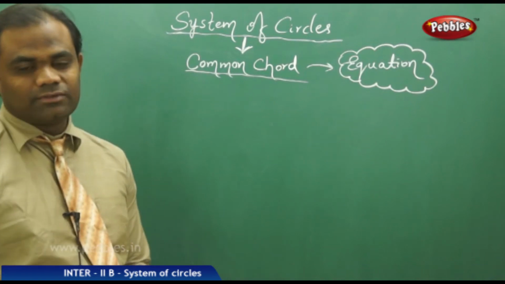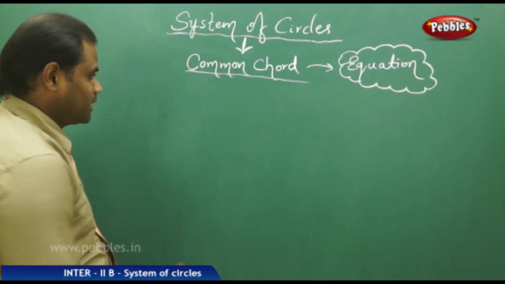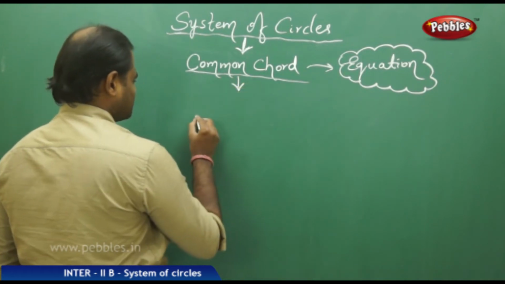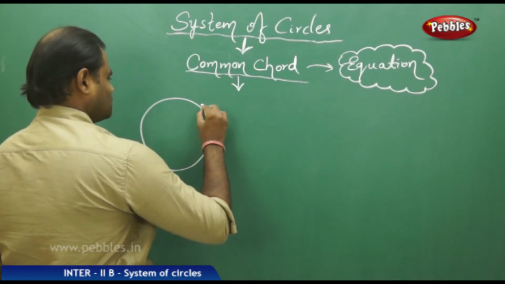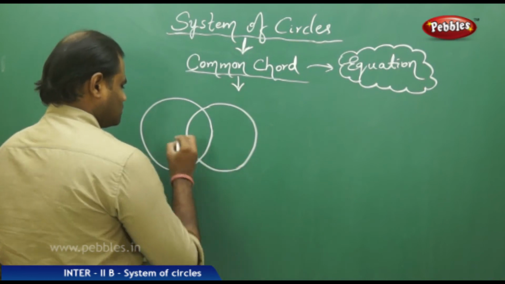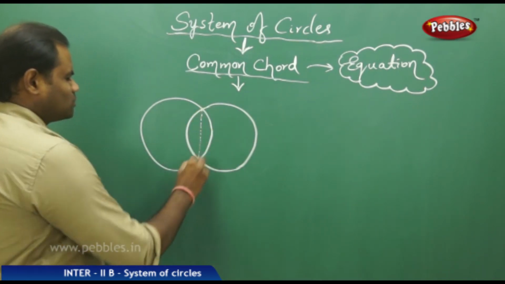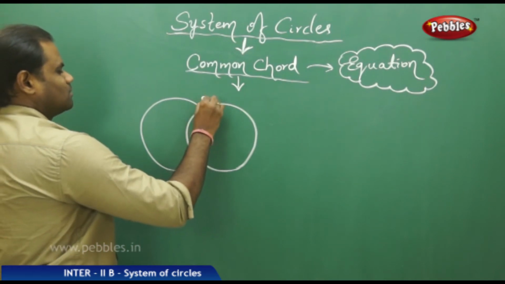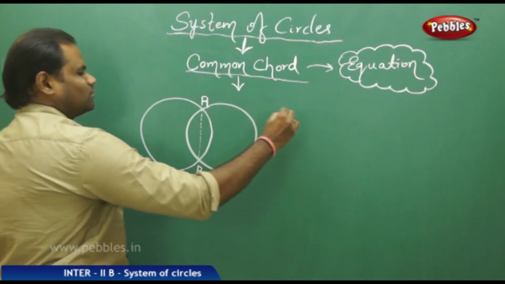Common chord, as we know, is the chord for both the circles. So if I have two intersecting circles, then this is the common chord of the two circles. AB is the common chord.